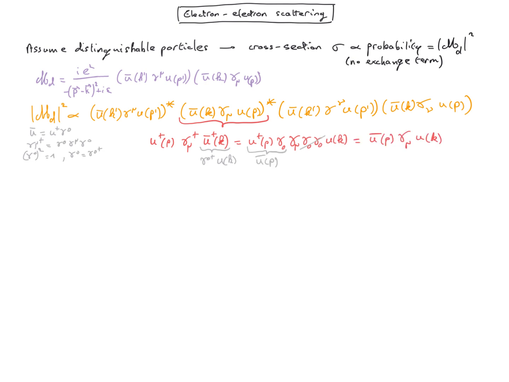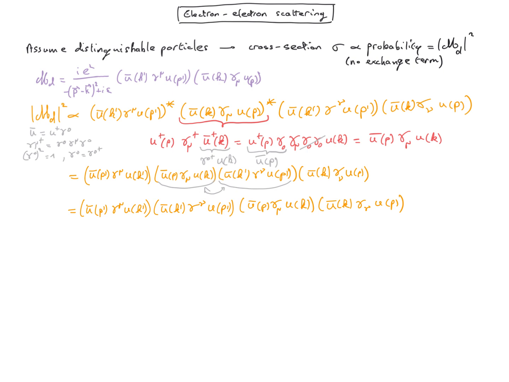So we see that the effect of the complex conjugation is to swap K and P. The brackets here are not necessary, but they are just here to remind us that these are just C numbers. And therefore I can swap two of those if I wish. And I will do that in order to bring all the P dash K dash on the left and all the K P on the right.